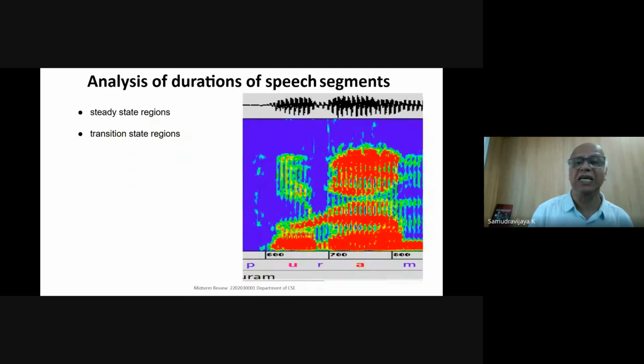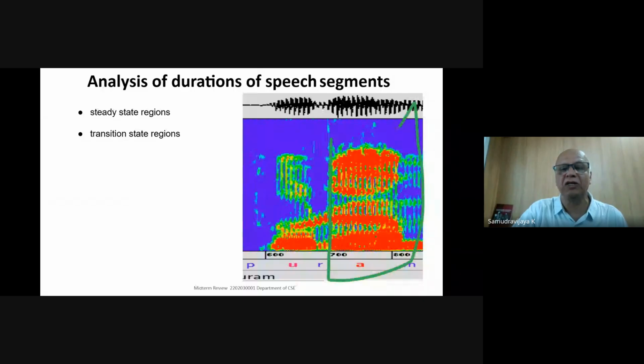That's the first analysis. Second, if you look at a speech waveform here, this is the word puram. The P is here, from here to here is U, from here to here is Ra, and from here to here is A. Now, if you look at the A, the F2 is constant for most of it, and then it tries to decrease.